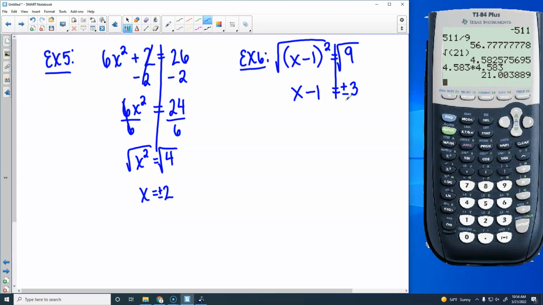So this problem is going to have two different answers, not just the positive and negative of that same number, but two different answers. So at this point, as soon as you get the plus or minus, you need to make this two equations. So it's x minus 1 equals positive 3, or x minus 1 equals negative 3.